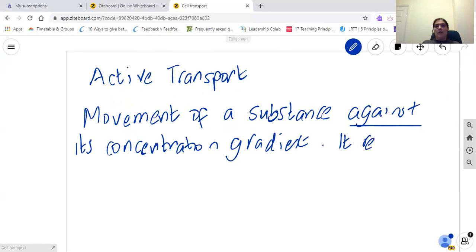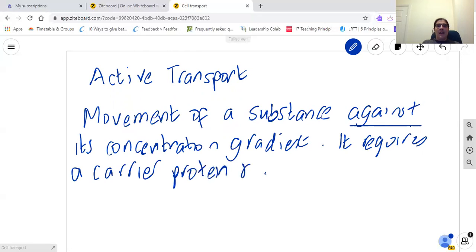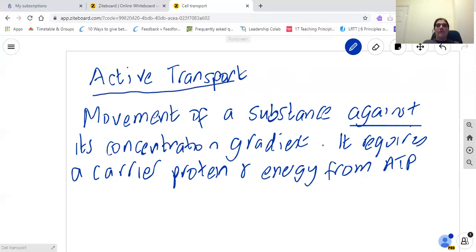It requires a carrier protein specifically, not a channel protein, and it requires energy from ATP. It is an active process because you are going from a low concentration to a high concentration.